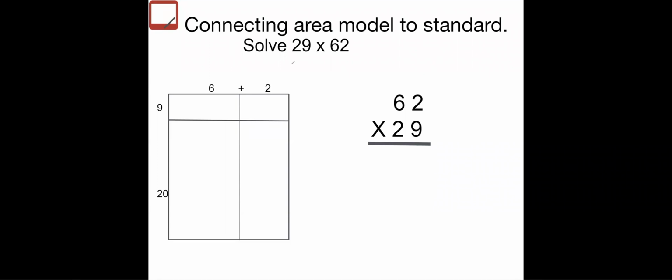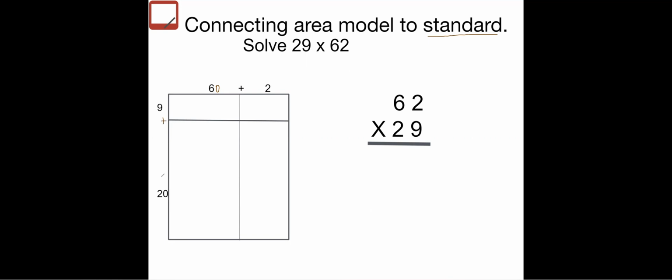Okay, so we're going to solve this starting with the standard algorithm. We're going to multiply 62 times 29. So as an area model, we have, this should say 60 right there, 60 plus 2 times 20 plus 9.